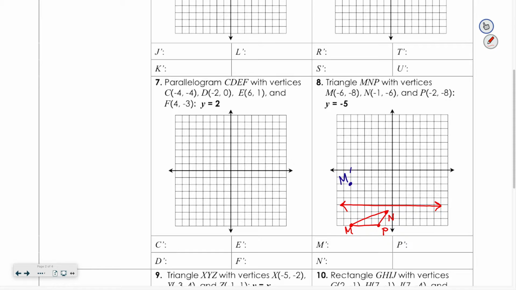Okay, what about N? It's 1 away. So that's N prime. And P? 3. So 3 more. And you're reflecting over that line.